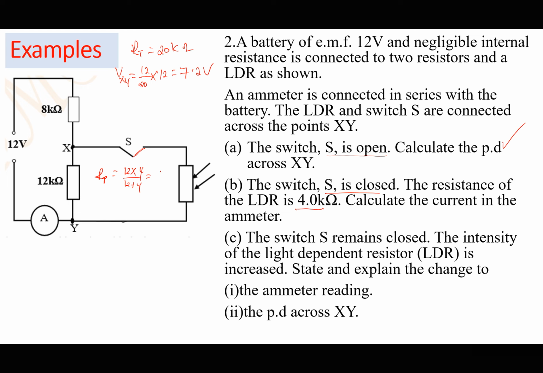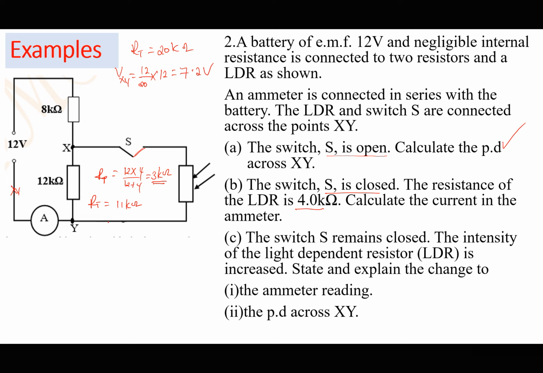I think that is 3. So this is 3 kilo ohms. But the parallel resistor of 3 kilo ohms is going to be in series with 8 kilo ohms, which means now the total resistance becomes 3 plus 8, which is 11 kilo ohms.